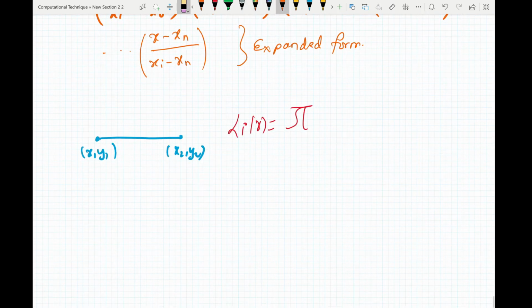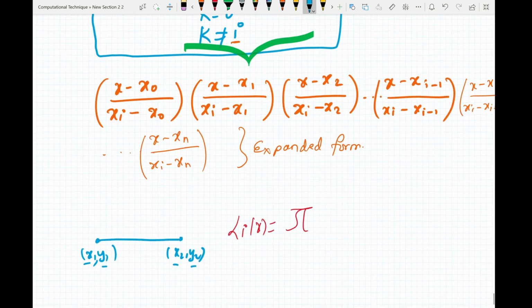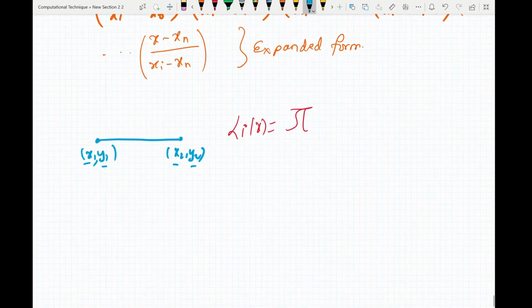You can start from k equals 1 here, because we have x1 y1 rather than x0 y0. So what we'll do here is write k equals 1 to k equals n, and then k not equal to i, and here we have (x minus xk) by (xi minus xk).